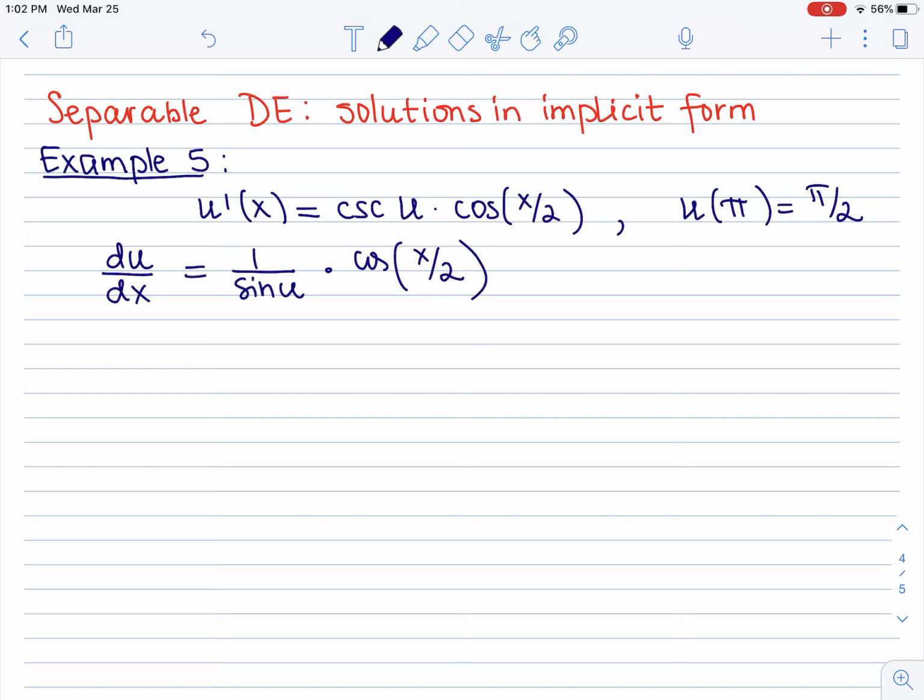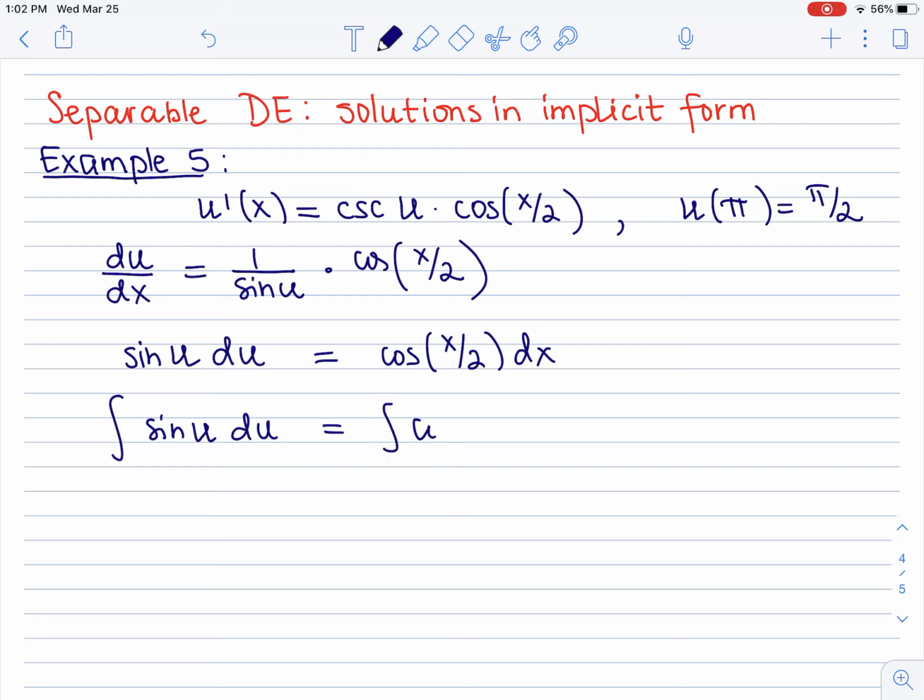If we multiply everything by sine of u, we get sine u du on the left, and then multiply by dx, we get cosine of x over 2 dx. Again, we check that everything on the left is in terms of one variable, u, and on the right we have x. We can integrate each side.